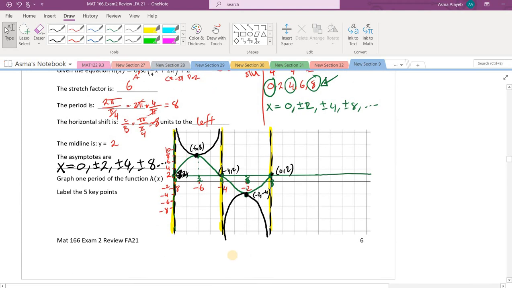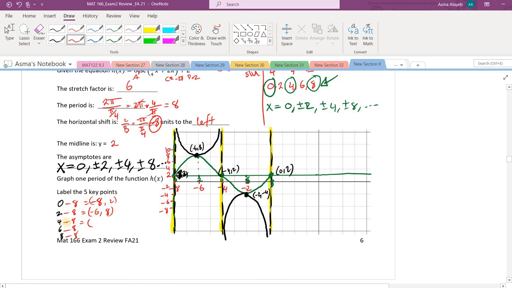The way you can find these, put your original points here, 0, 2, 4, 6, 8, and then we're going to add the horizontal shift, which is negative 8. So this gives you negative 8, the first one, and 2, negative 8 and 2. The second point is negative 6 and 8.